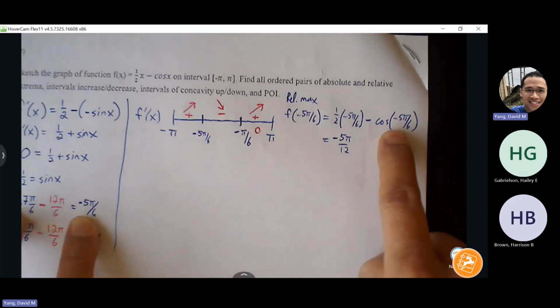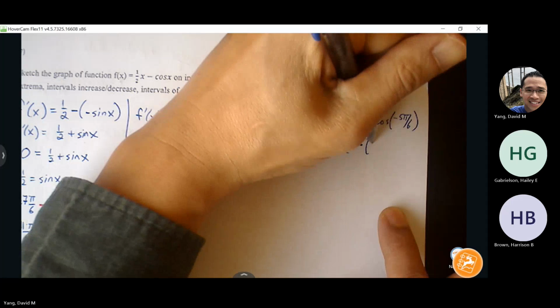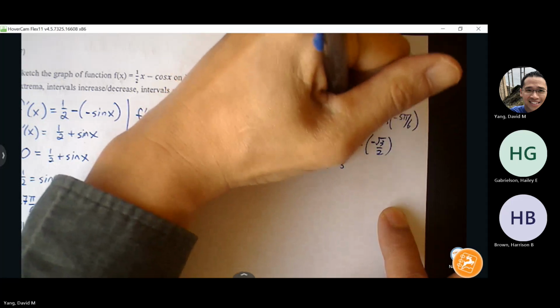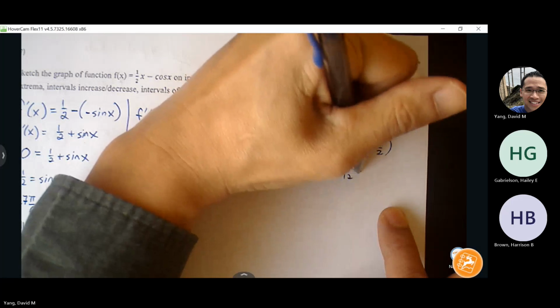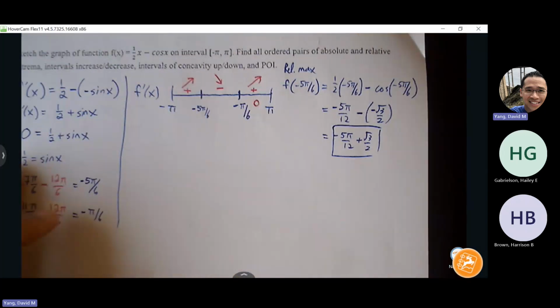Cosine of 7 pi over 6, third quadrant, cosine is negative, so negative root 3 over 2. There's the y value of my relative max.